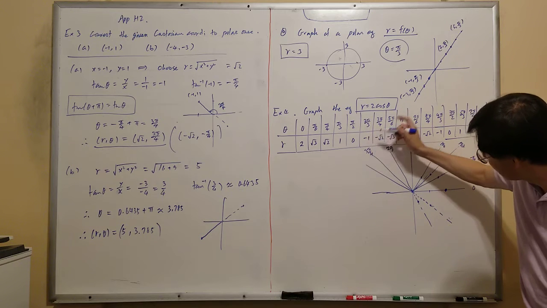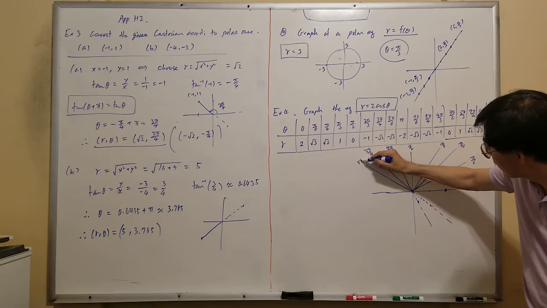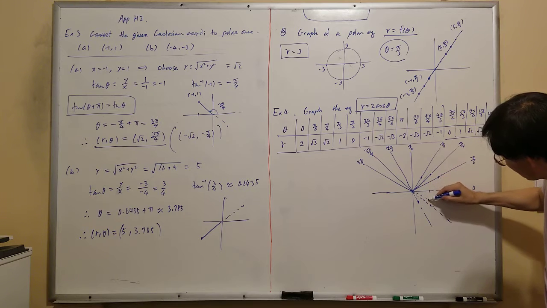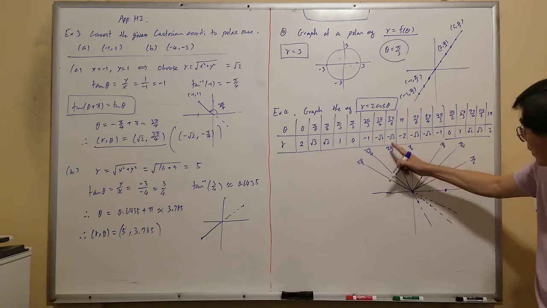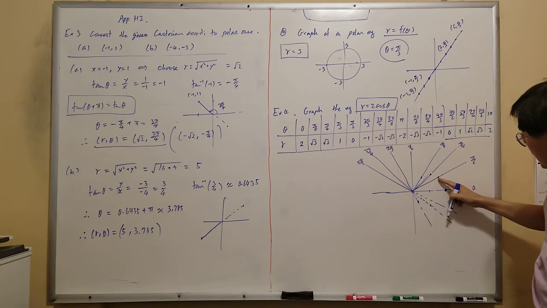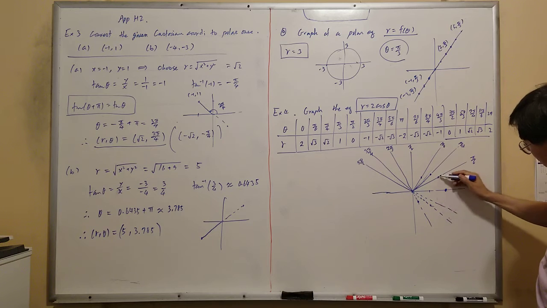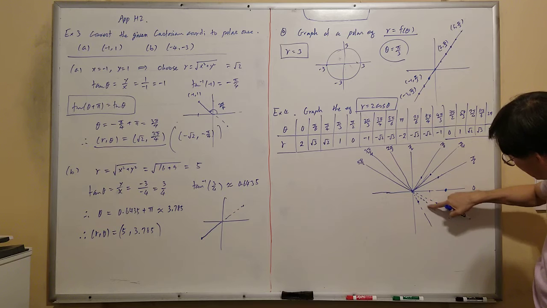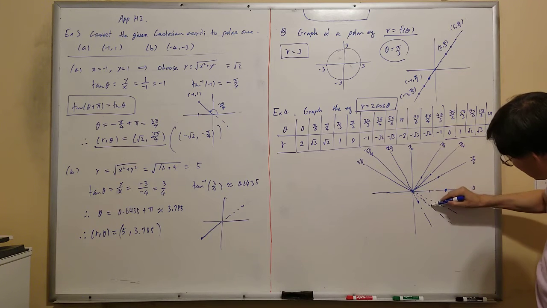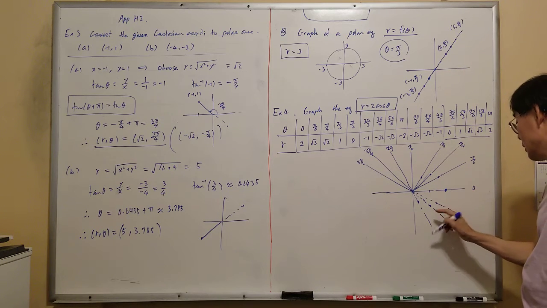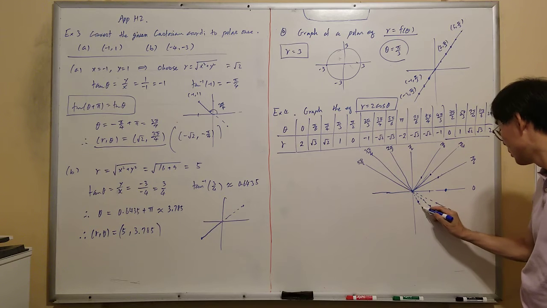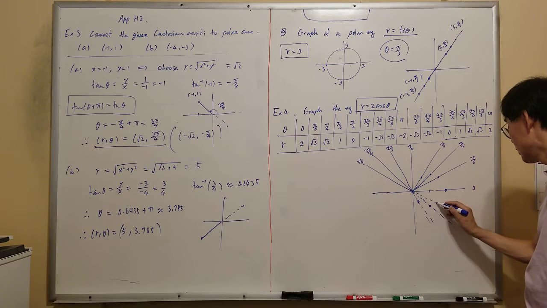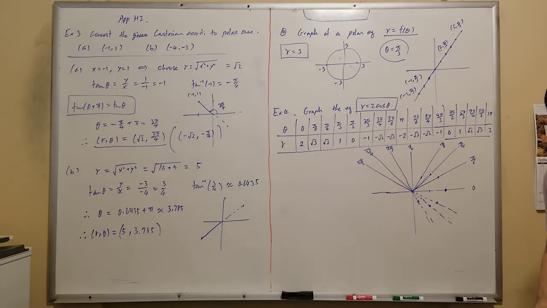And 5 pi over 6, opposite direction. The length is minus square root of 3, the same length, opposite direction. So this reflection point here, right? Something like this. So this, back to this.